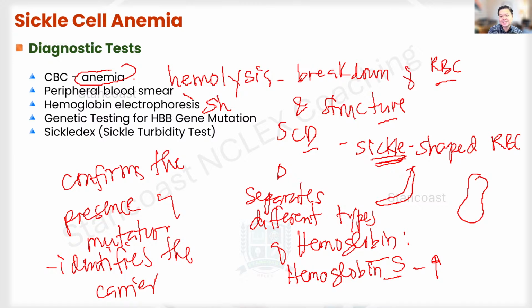So it's basically going to collect a very tiny sample of the blood, okay? So within 3 minutes, this can yield accurate results, okay? So this will identify that the person has that sickle cell disease, all right? Sickle dex, sickle turbidity testing.